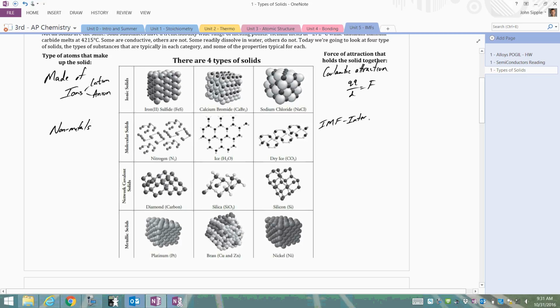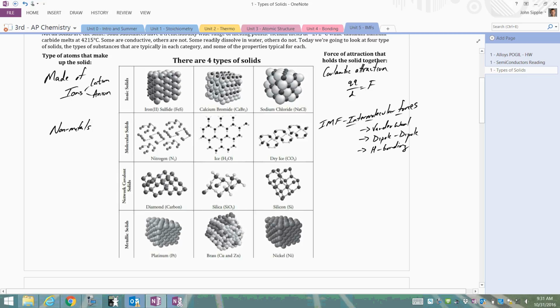It all boils down to whether you're polar or nonpolar, which determines the intermolecular force present between those molecules. That's where you can have van der Waals attraction, dipole interactions and various other dipole interactions, and hydrogen bonding.